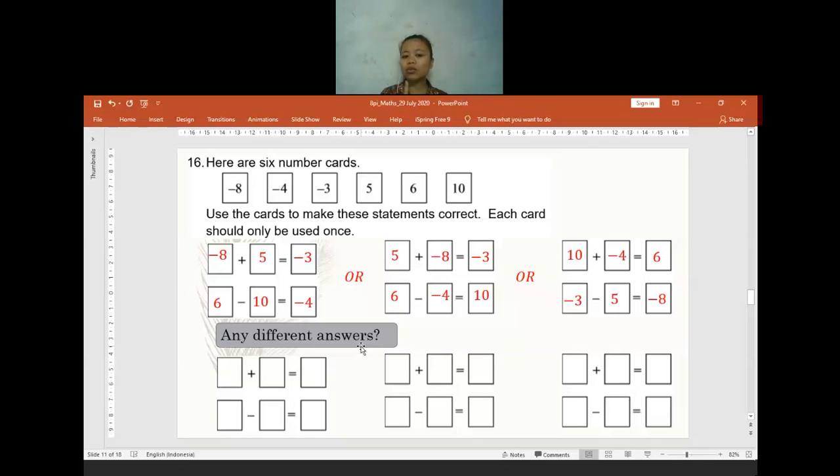Remember that each card should be only used once. For example, if you ask, teacher, if I write 10 minus 5, is it okay? Let me write 10 minus 5. The answer is 5, but it means we use the card of number 5 twice. But the question says it should be used only once.